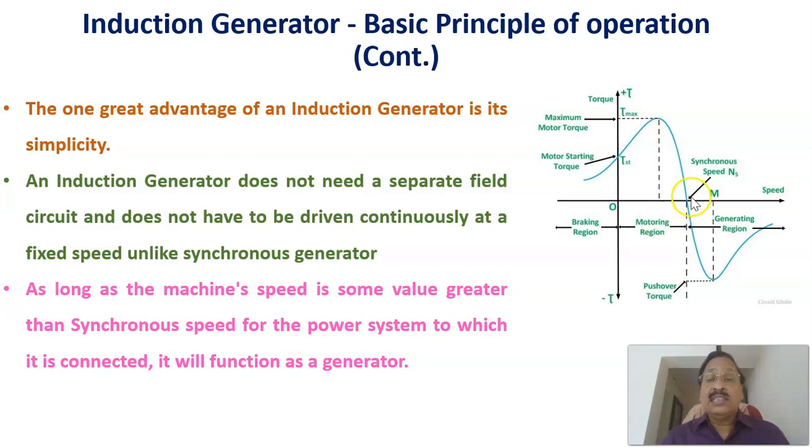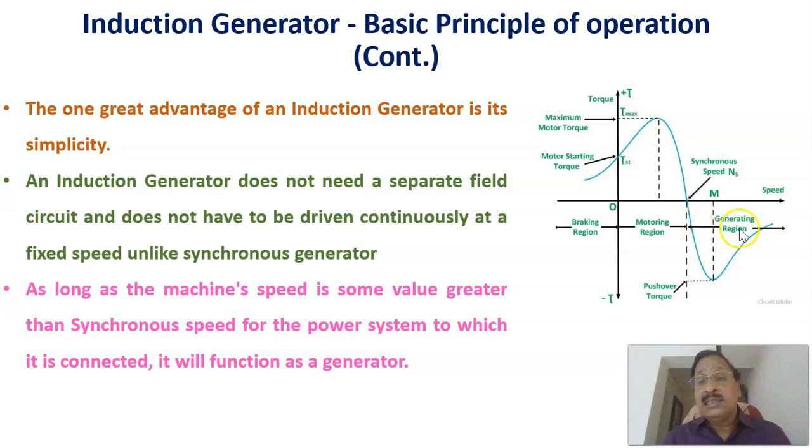That is called the synchronous speed. If the rotor is made to rotate at more than the synchronous speed, it will be working as an induction generator. Therefore, as long as the machine speed is greater than the synchronous speed of the power system to which it is connected, it will function as a generator.